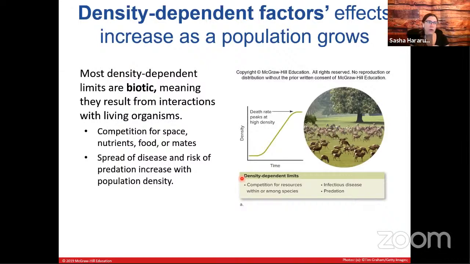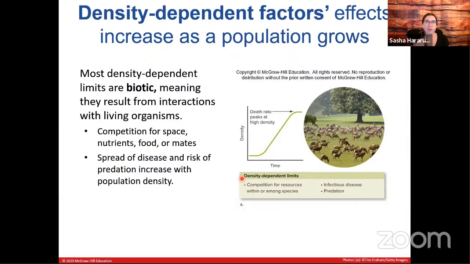Imagine a forest stand. Within a forest stand, the younger trees have the highest probability of dying. If you go into a forest stand and take a look at how dense the big trees and the little trees are, you'll notice that the little trees are much denser compared to the big trees.